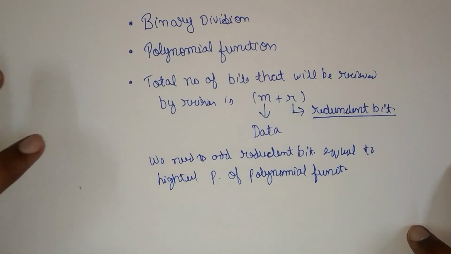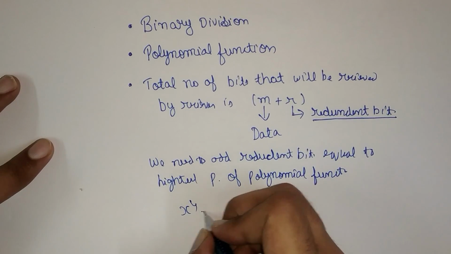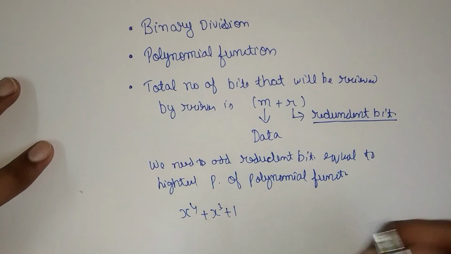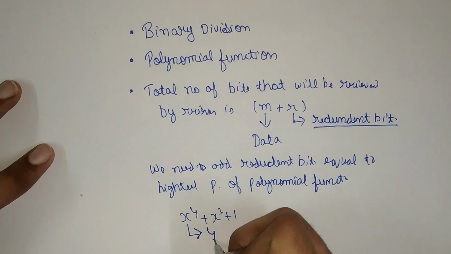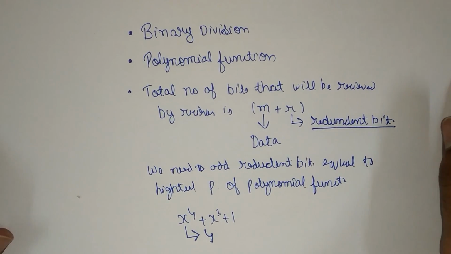So in this case, the total number of redundant bits will be 4, which will be added at the end of the data. So let us explore this through an example.